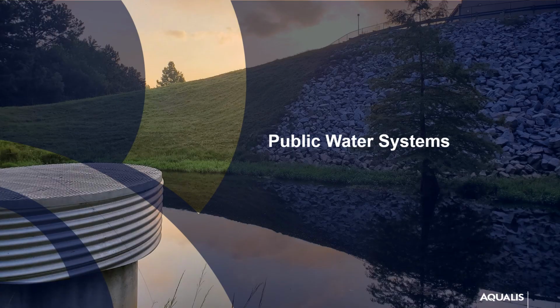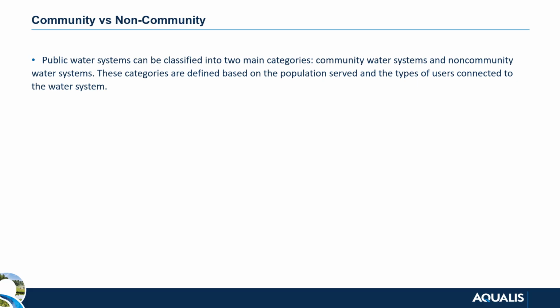Next, we'll talk about public water systems. Public water systems can be classified into two main categories: community water systems and non-community water systems. These categories are defined based on the population served and the type of users connected to the water system.